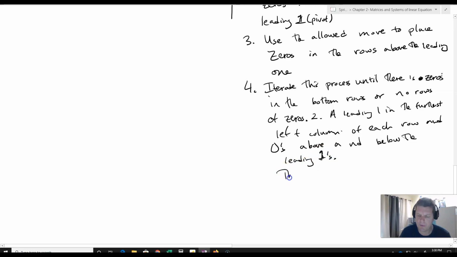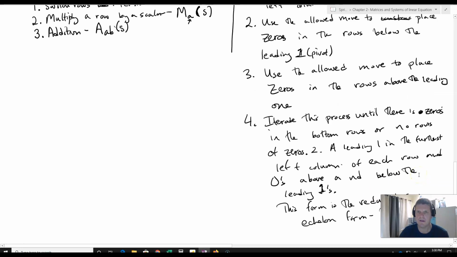Right? This form is called the reduced row echelon form, and written as RREF of A.